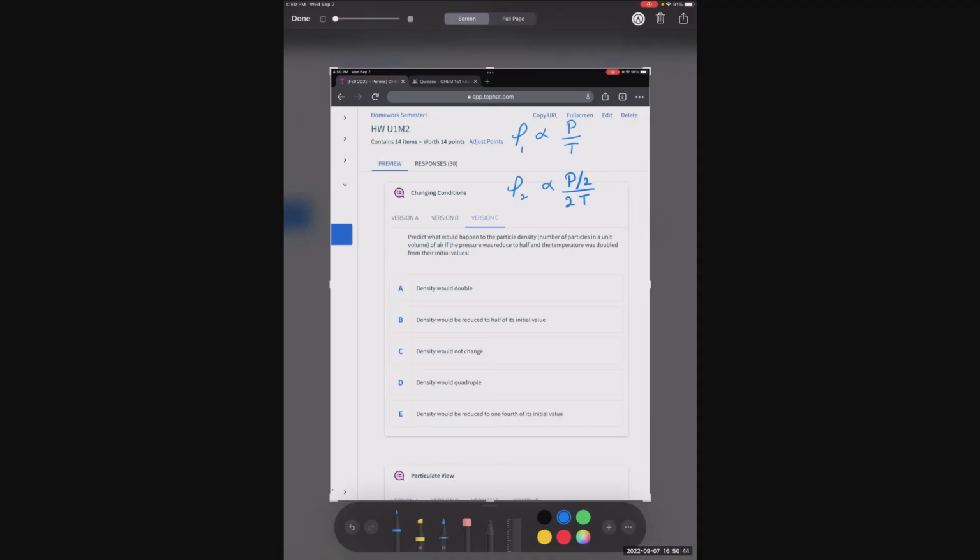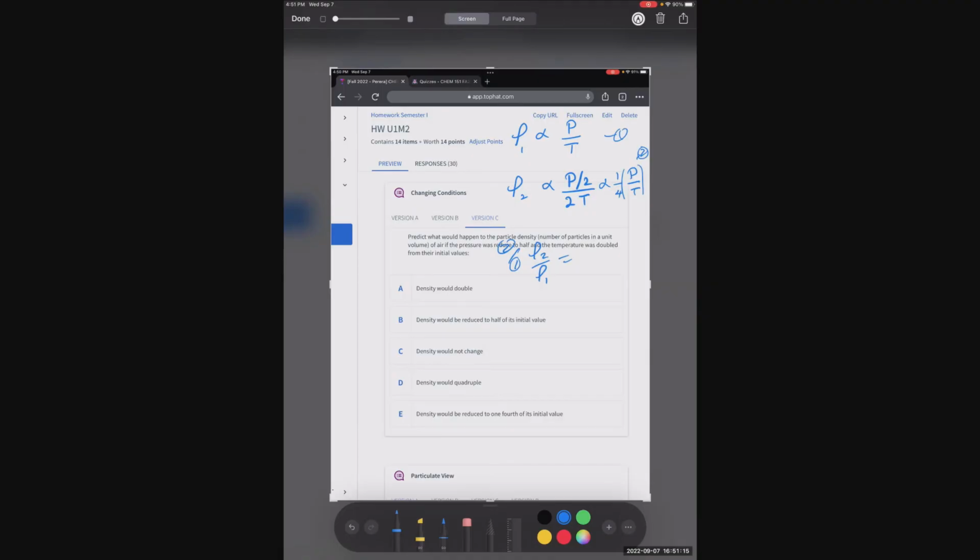If you rearrange this, what we have here is P over T, just like before, but in the denominator we have 4. So this is 1, this is 2. If you divide 2 by 1, you're going to get rho 2 over rho 1, and that is going to be 1 over 4 now.